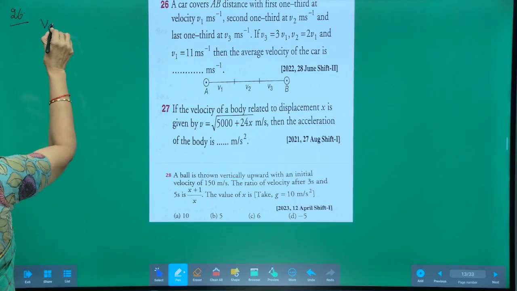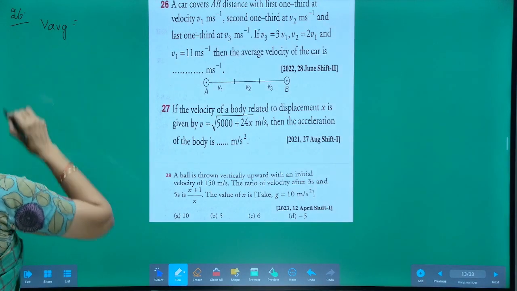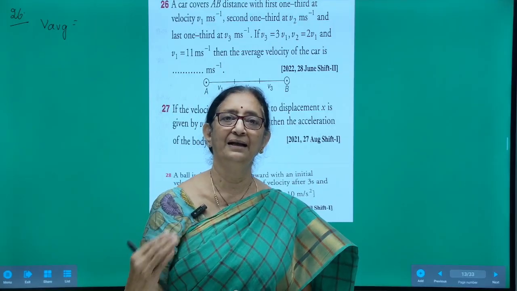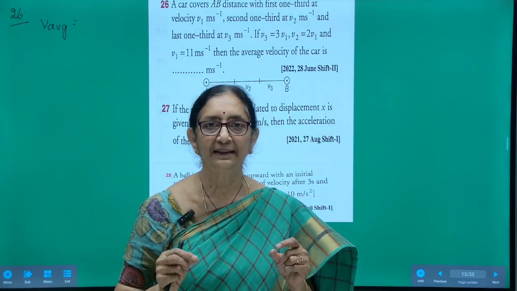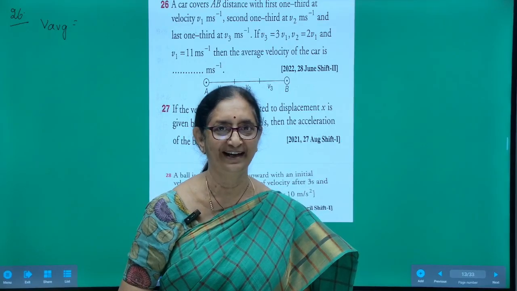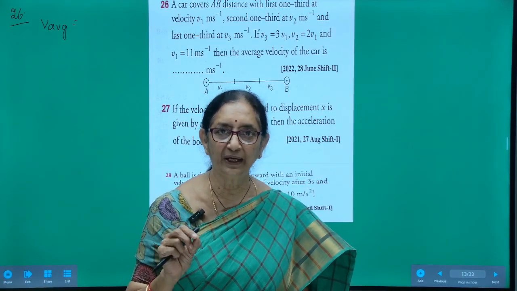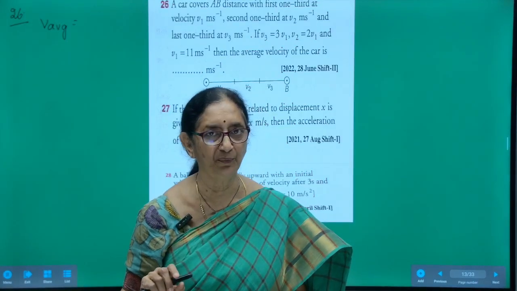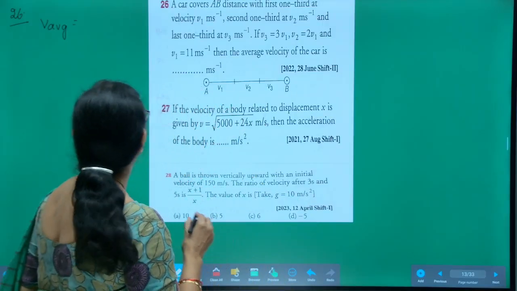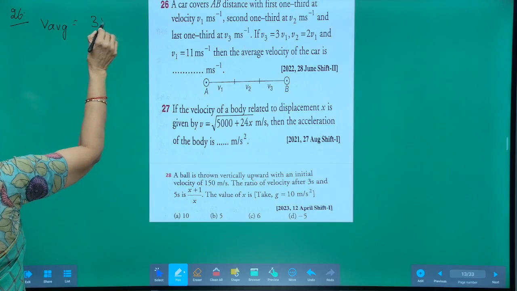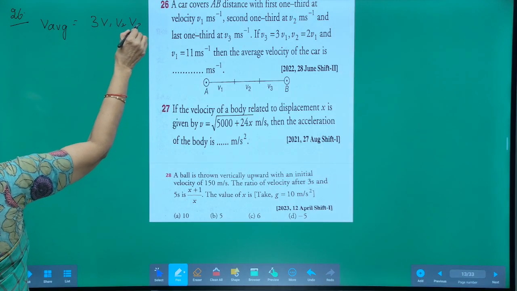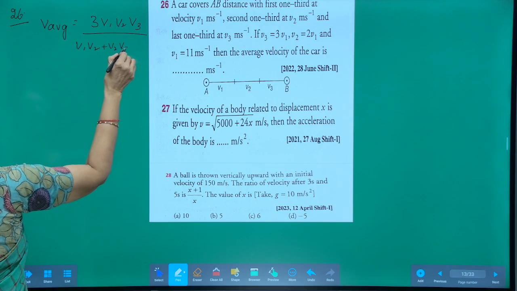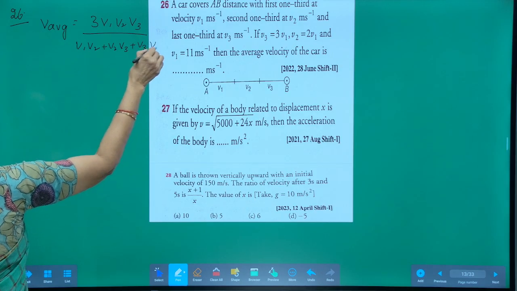If a body covers one third distance with V1, the next one third with V2, and the next one third with V3, then the average speed is 3 V1 V2 V3 by V1 V2 plus V2 V3 plus V3 V1.